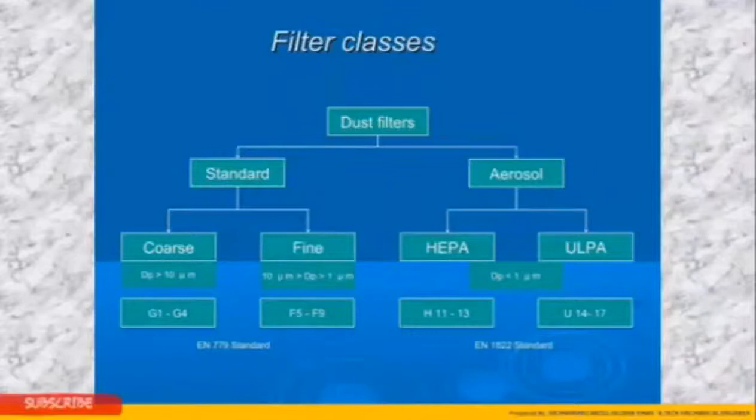These are the filter classes which are defined and required as per the requirement. Depending on the various systems, functions and types of project, different filter classifications are required, and among these, the one to be considered depends upon the specification of the project.